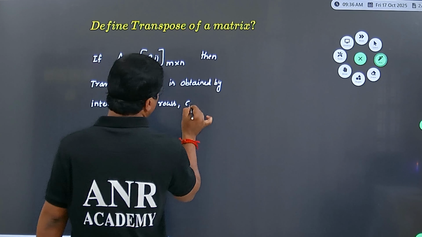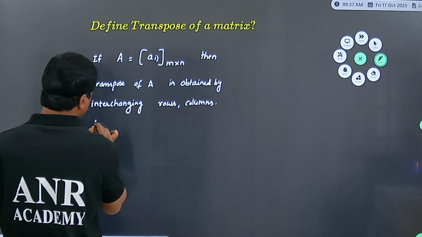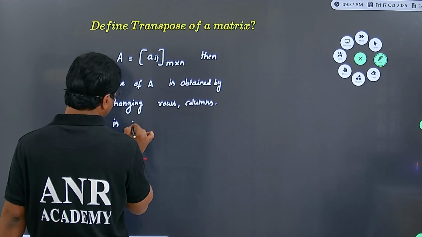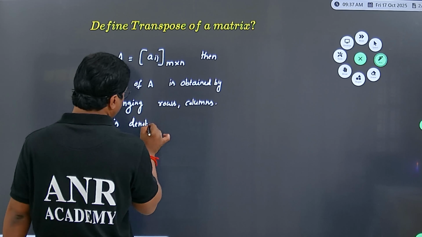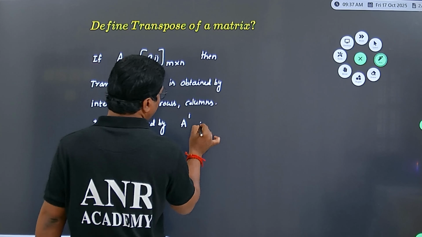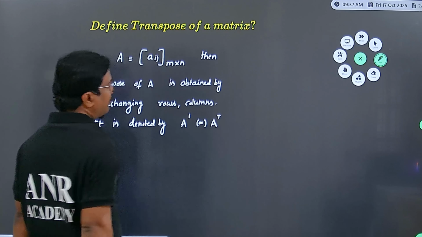That's all. It is denoted by A prime or A transpose, A^T.